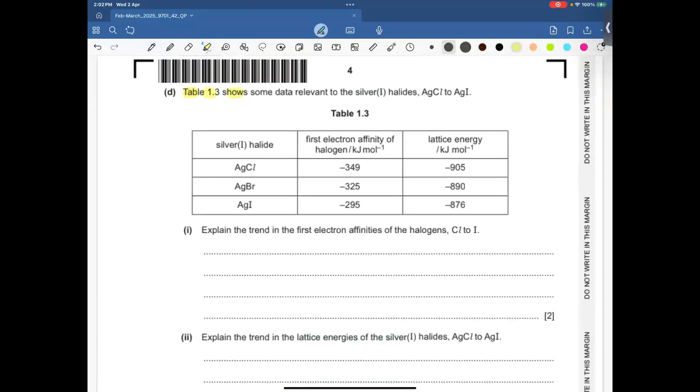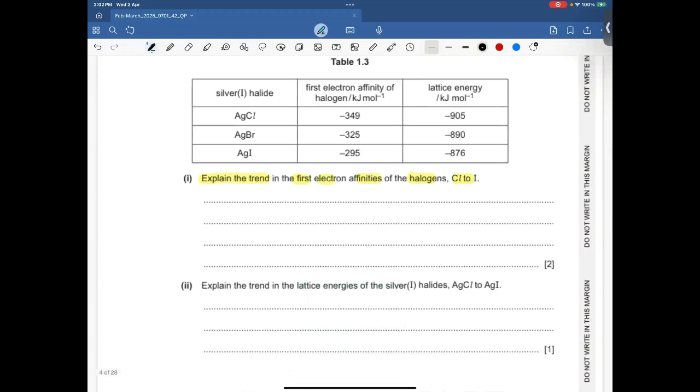Table 1.3 shows some data relevant to the silver 1 halide from AgCl to AgI. Look at the data. First electron affinity of halogens are given, and lattice energy of AgCl, AgBr, and AgI are also given. Now, the examiner is looking for the trend in the first electron affinities of halogens from chlorine to iodine. And that's easy because we have done this in class.